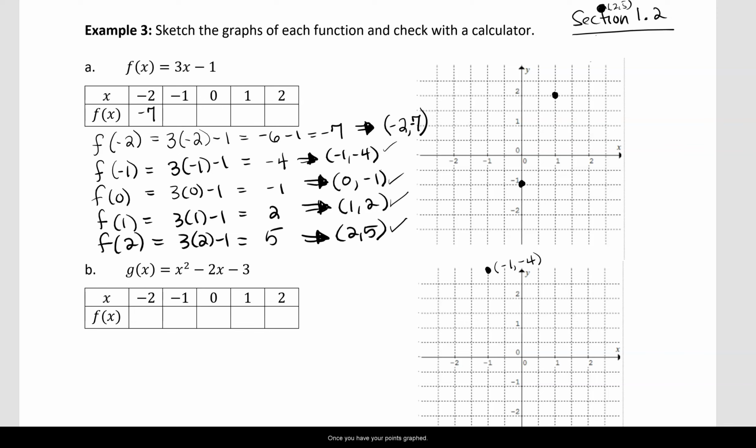Now, once you have your points graphed, let me fill in my table very quickly. I omitted that. You're going to connect the points together with a line. And there's our graph that goes with our table, our function rule, and the work that generated it.